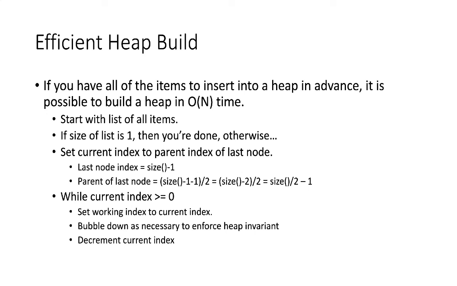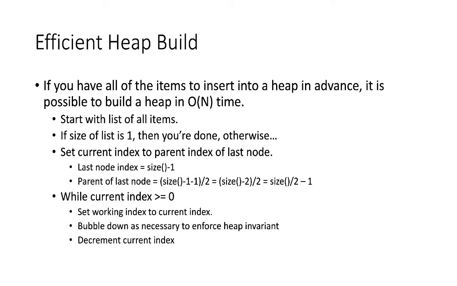Everything past that point is a leaf, and this initial current index is the last node that has a child, right? So the parent of the last node. So starting with that current index, that's how you initialize current index.